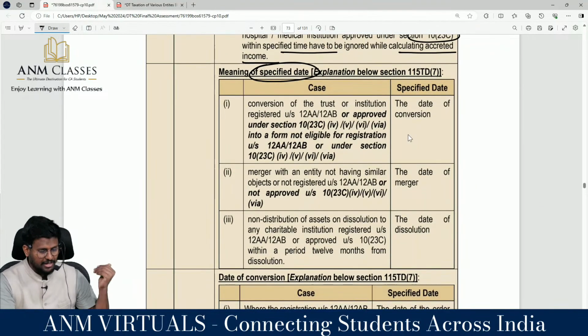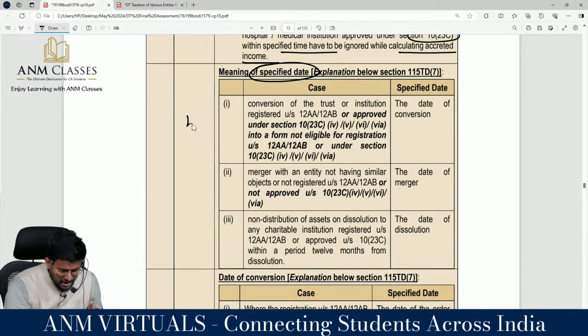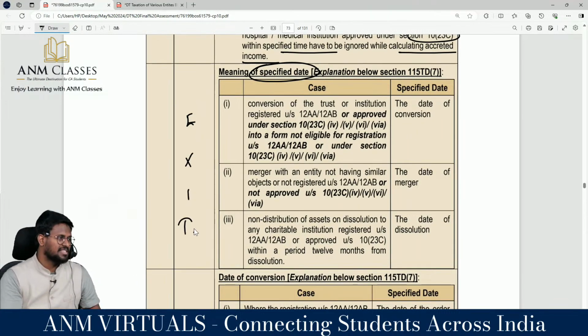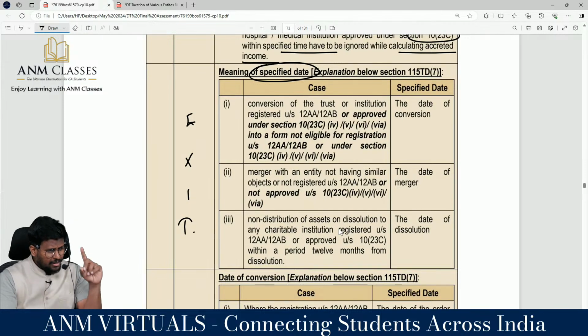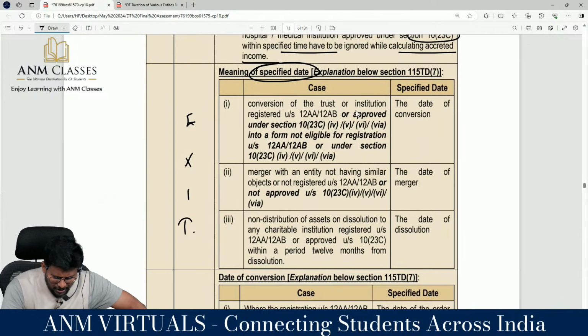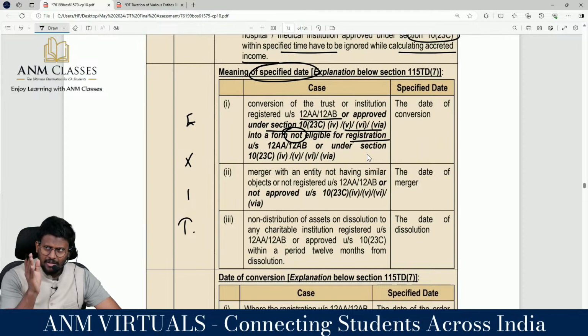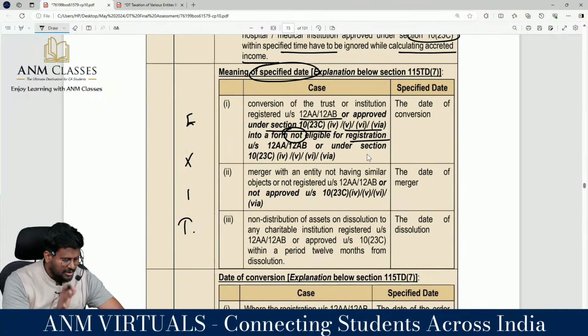That's the next topic. What is the specified date? There are four things by which you can exit: you get converted, deemed conversion, you merge, or non-distribution. Conversion of the trust or institution registered under 12A or 12AB or approved under section 10(23C) class 4, class 5, class 6 or class 6A into a form not eligible for registration under these sections. That means the form you have now changes to a new form which is not eligible for registration.